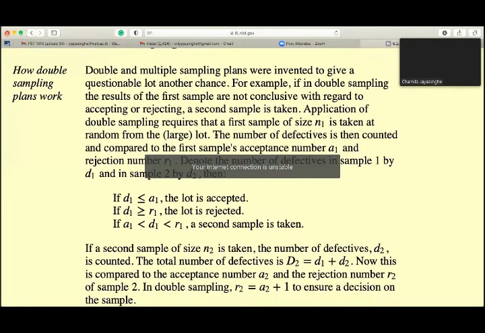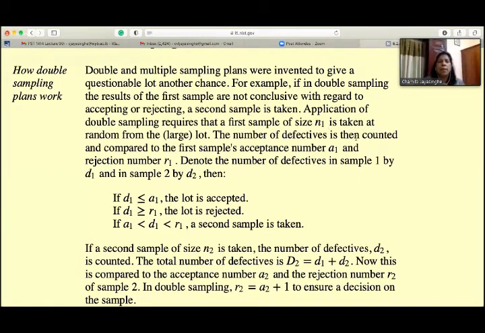Application of double sampling requires that the first sample of size n1 is taken at random from the large lot. The number of defectives is then counted and compared to the first sample's acceptance number A1 and rejection number R1. Denote the number of defectives in sample 1 by D1 and in sample 2 by D2.